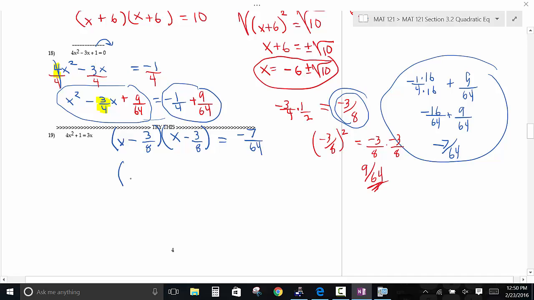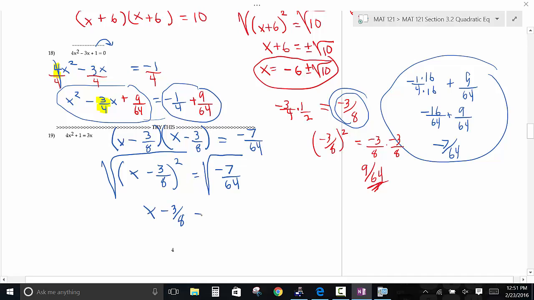Now what we're going to do is, again, you can write this as x minus 3/8 squared equals negative 7 over 64, like that. Then what do we do? Square root of both sides. It's always kind of the very end step. So you do square root there, you do square root there, you're going to have x minus 3/8 there.